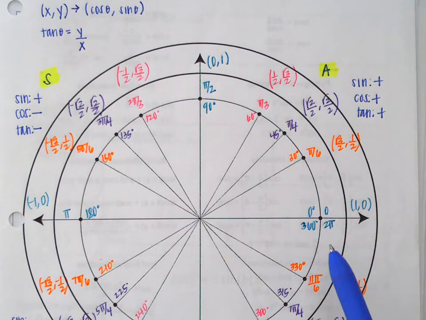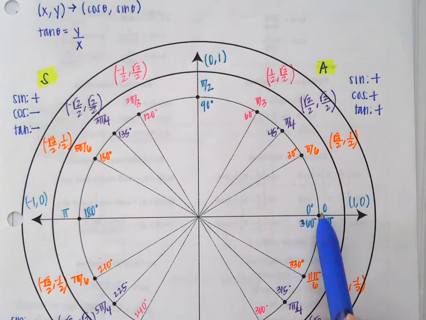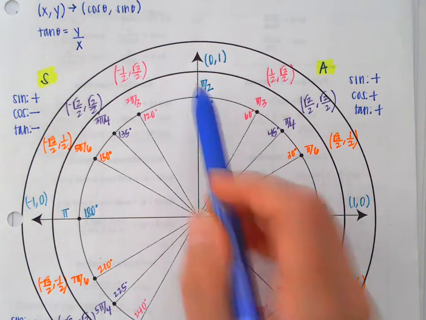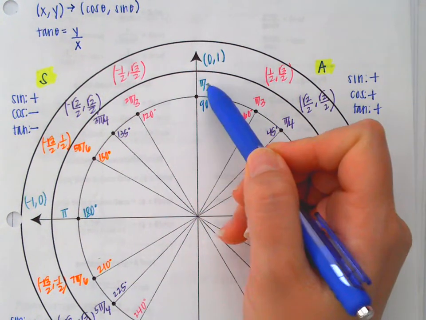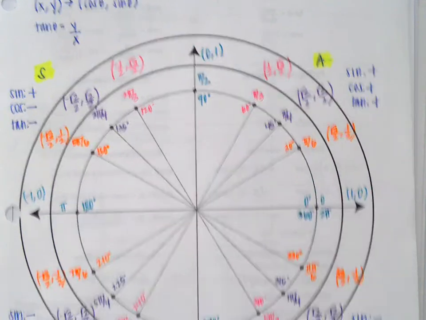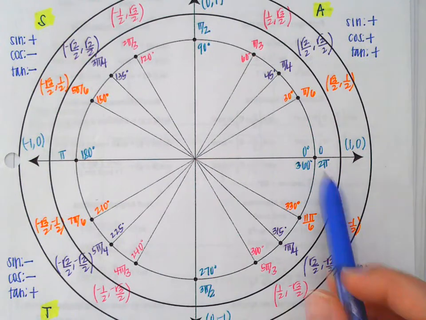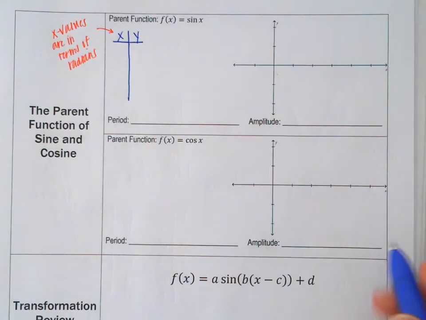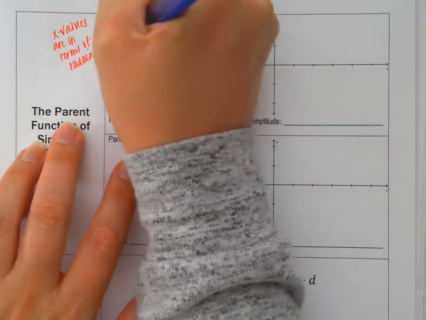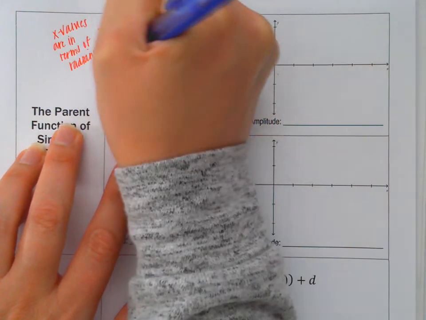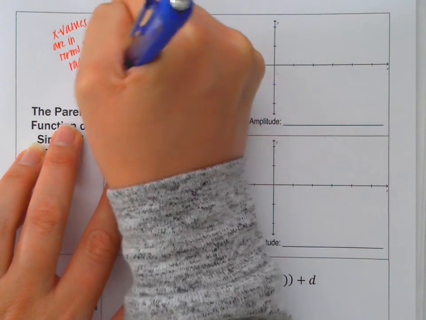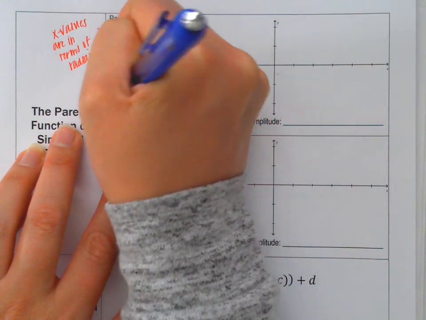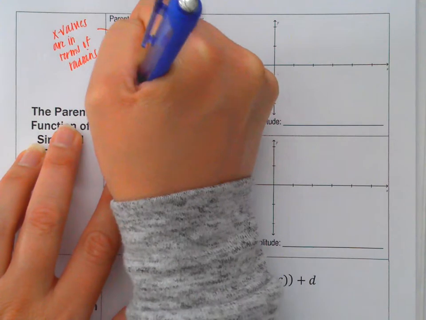The only ones I'm going to use are the ones on the axes. So 0 radians, pi over 2 radians, pi, 3 pi over 2, and 2 pi. I'm going to start there, so I'm just going to write my x values: 0, pi over 2, pi, 3 pi over 2, and 2 pi.